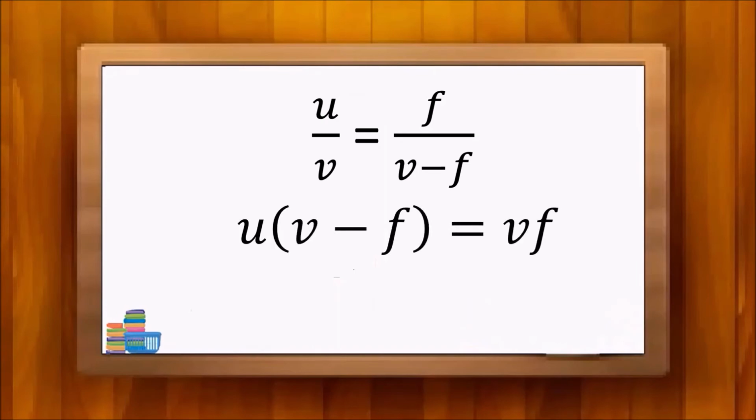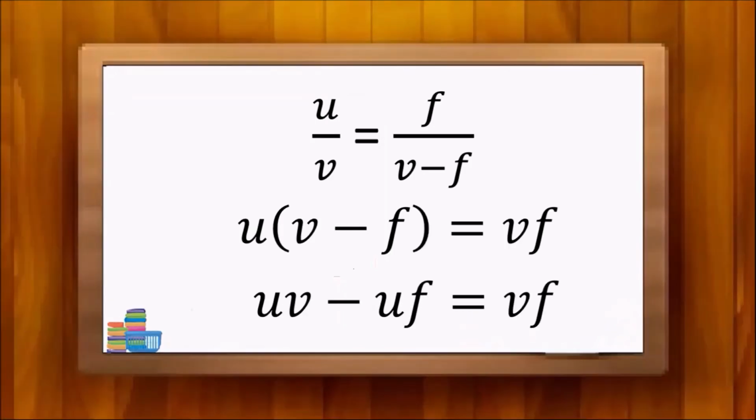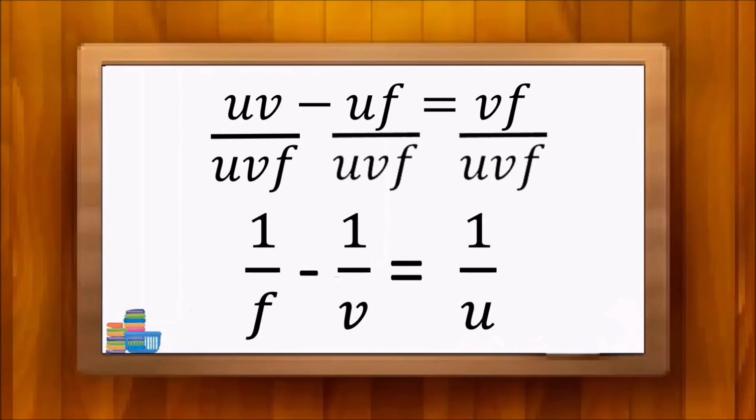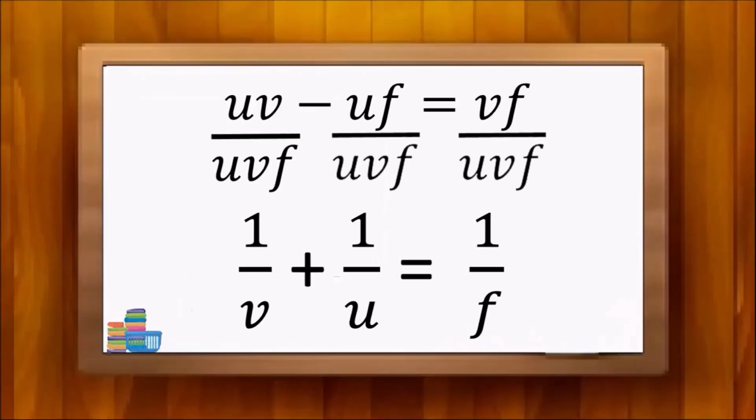U times (V minus F) equals VF. UV minus UF equals VF. Now let's divide the entire equation by UVF. It's 1 over F minus 1 over V equals 1 over U. Finally we have 1 over V plus 1 over U equals 1 over F.